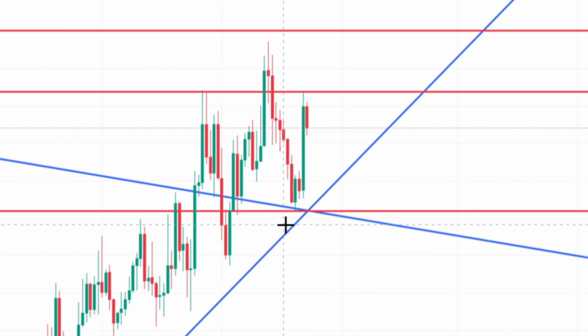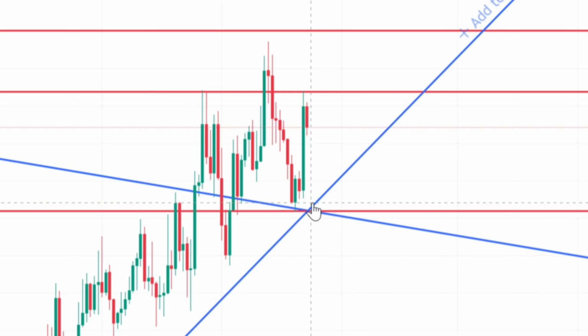So I would really like to see that we are staying above the trend line. And in the worst case, if we are sometimes dipping below this trend line, we don't want to see the price go below the recent low right here, and then we would still be good to go.